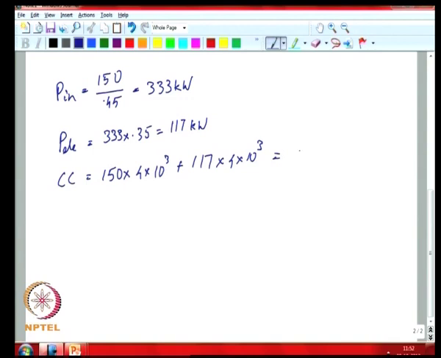So, you get 10.6 into 10 to the power of 5 rupees, and your operation and maintenance cost is 10% of your capital cost, which is 1.06 into 10 to the power of 5 rupees per year. And you could then also calculate your fuel use.